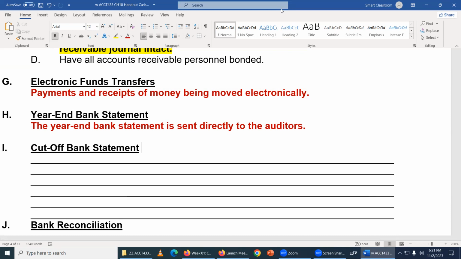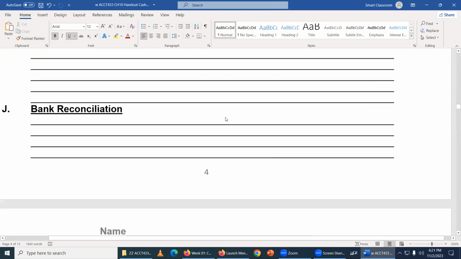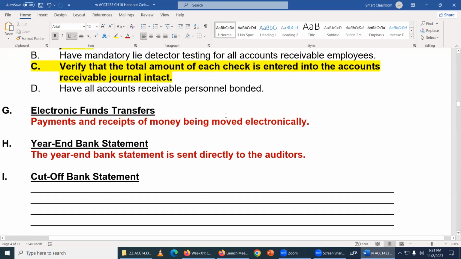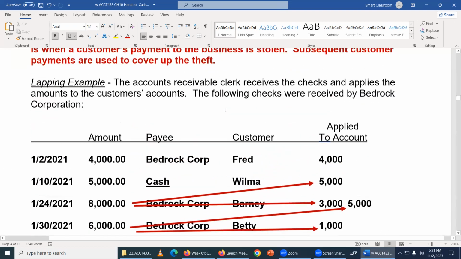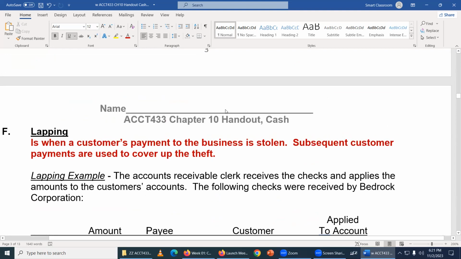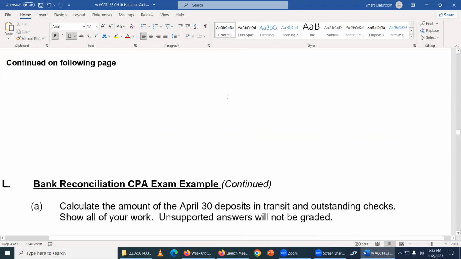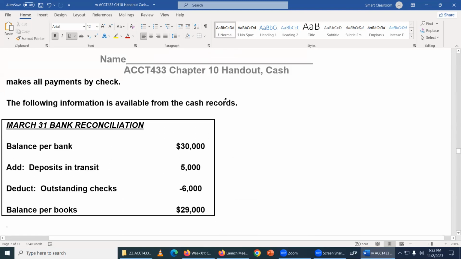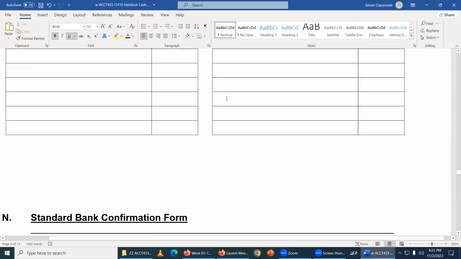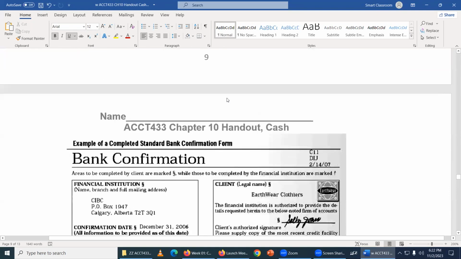Professor, on my handout, it has H as standard bank confirmation form. I think I moved that. Maybe you may have. Did you print it out early? Yeah, I did. Okay, it looks like this.